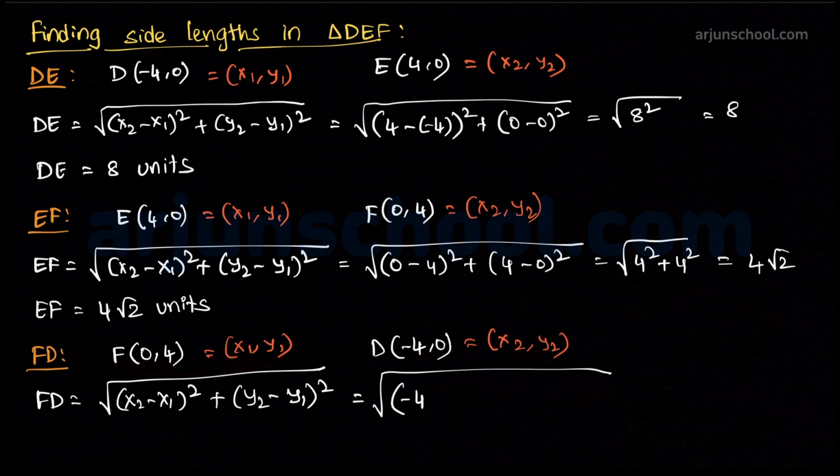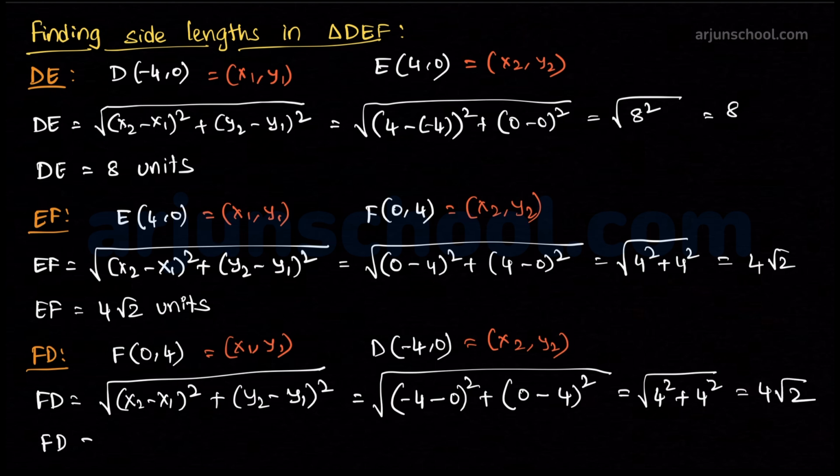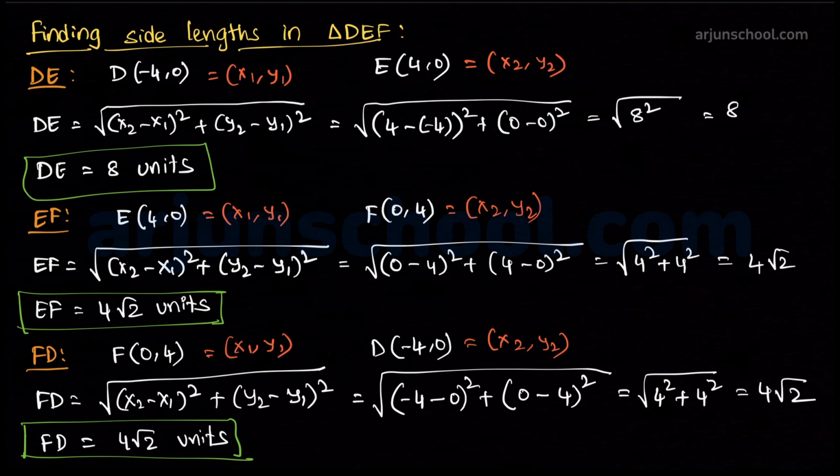(Minus 4 minus 0) whole square plus (0 minus 4) whole square. That is equal to root over 4 square plus 4 square, 2 times 4 square under root. We can bring 4 outside the root and it becomes 4 times root 2. Therefore, length of the side FD is 4 times root 2 units. We have found the lengths of all the 3 sides in triangle DEF.